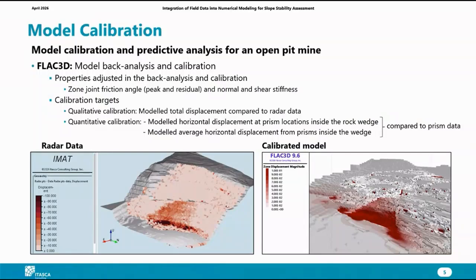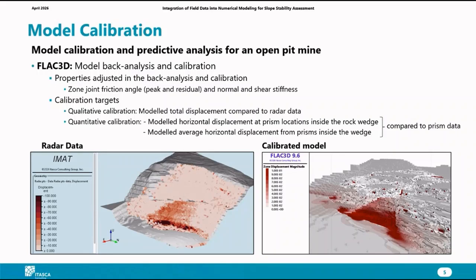Now let's talk about model calibration. The goal is to match observed field behavior based on collected field data and use the calibrated model to predict future excavations and rock mass responses. For a project that I'm showing you here, we used FLAC3D to match field data by adjusting the properties of major geological structures that form a wedge.